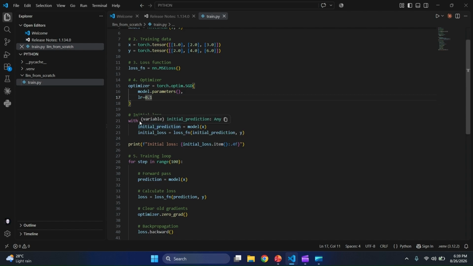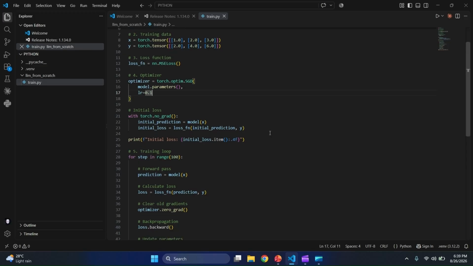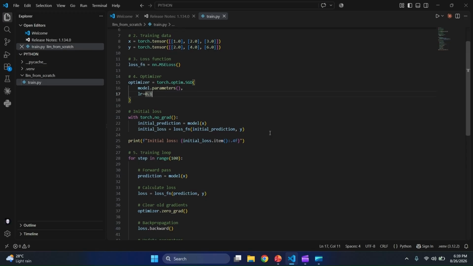Before training, I also want to know where the model starts. So I calculate the initial prediction and the initial loss. Later I can compare this with the final loss and see whether the model actually improved.